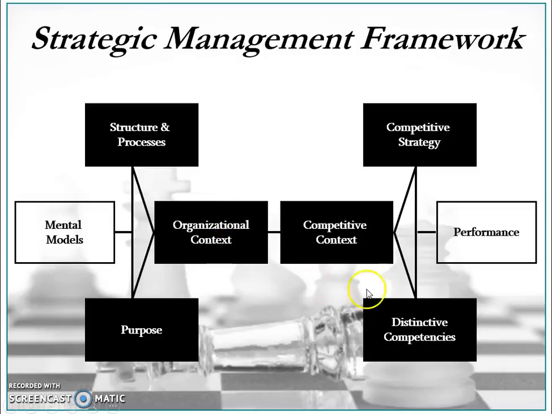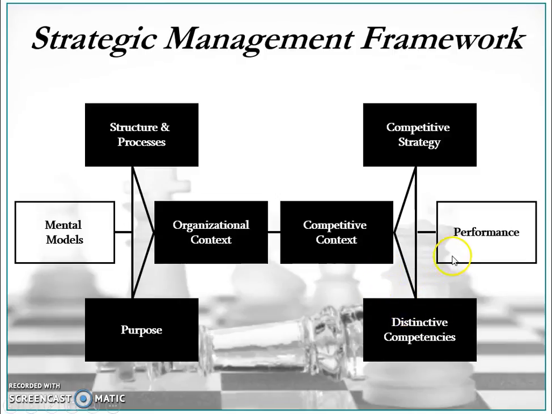On the other side, there are distinctive competencies which have definitely been developed based on the structures and the processes of the organization. We shall be discussing these aspects in more detail when we cover the organizational appraisal in module 3 of this OER. So there are distinctive competencies which also include the competencies of HR and other resources of the organization.